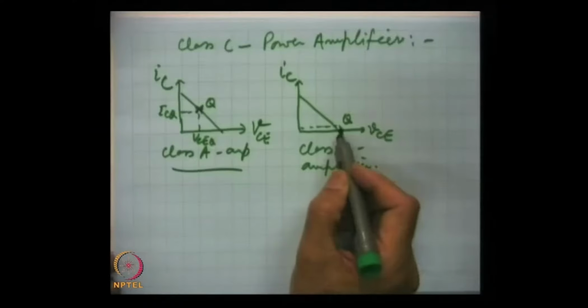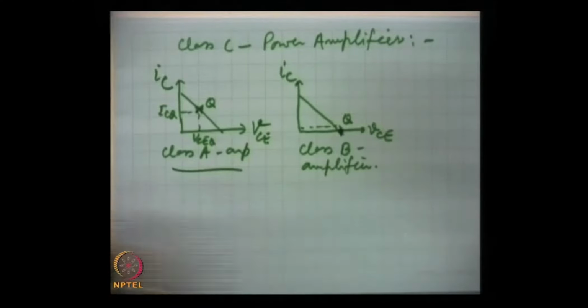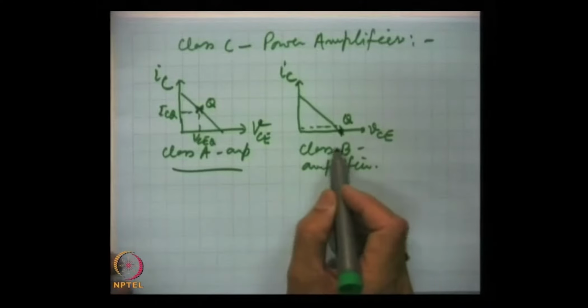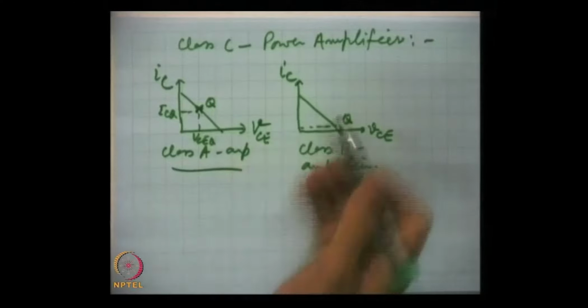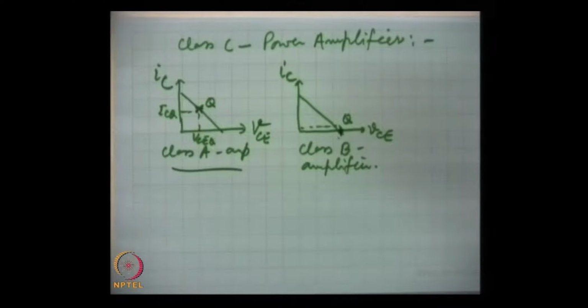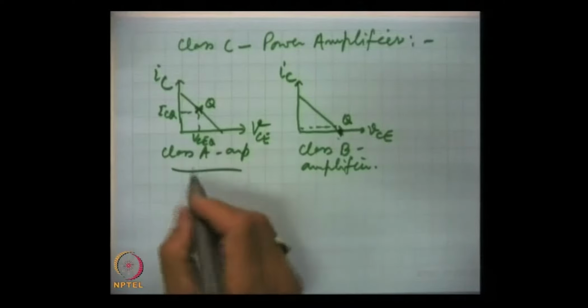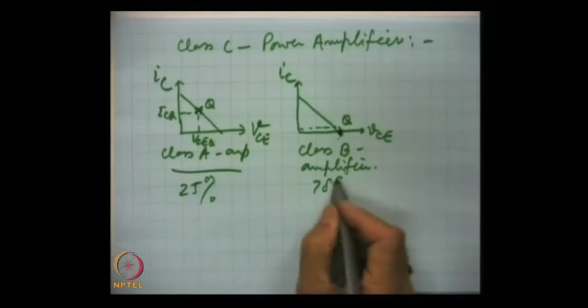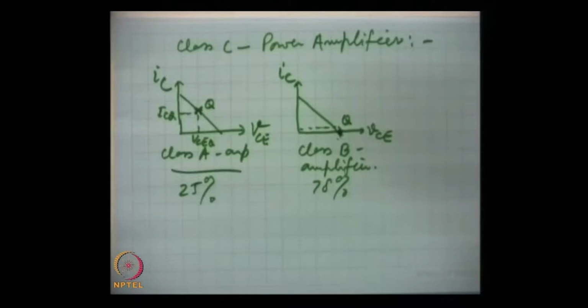When the input signal comes, the transistors will be conducting and the whole process starts. The efficiency here was 25% for class A, here it is 78.5% theoretical, but practically the efficiency is close to 70% in well designed circuits. Now, this was the cutoff point.